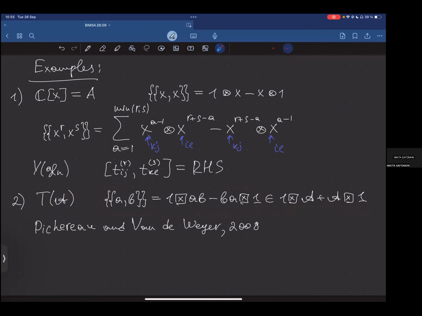And I have only 5 minutes left, so it's time to state the main theorem.